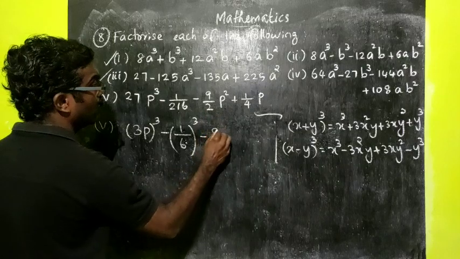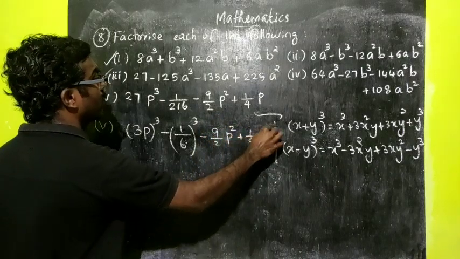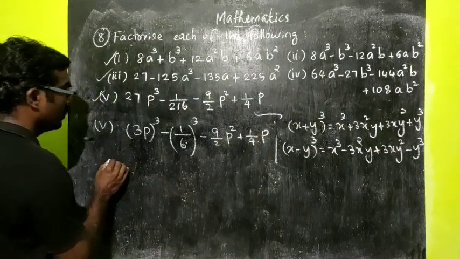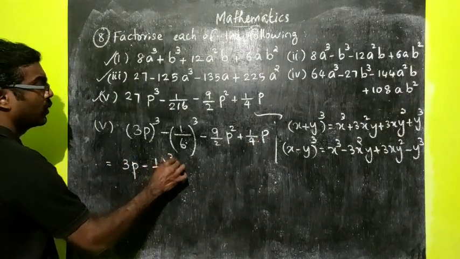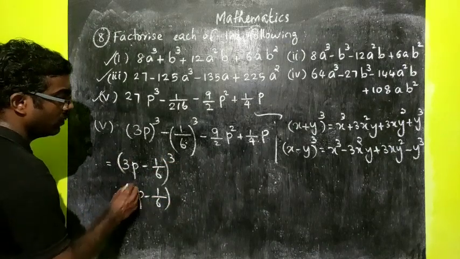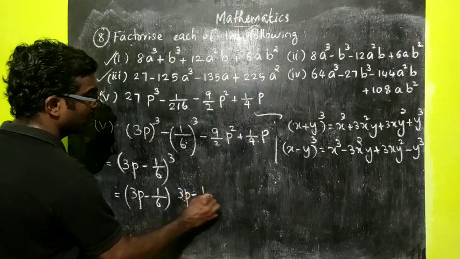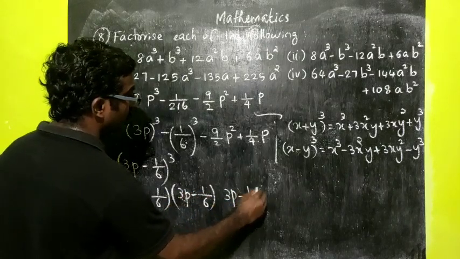The next terms are 9 by 2 p square and plus 1 by 4 p, which is equal to (3p − 1 by 6) the whole cube. Or we can write (3p − 1 by 6) into (3p − 1 by 6) into (3p − 1 by 6).